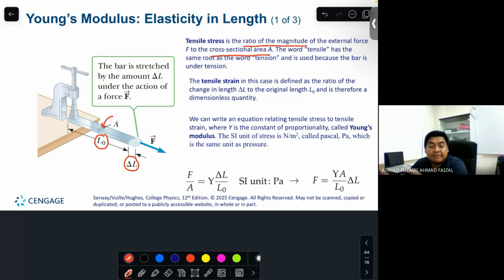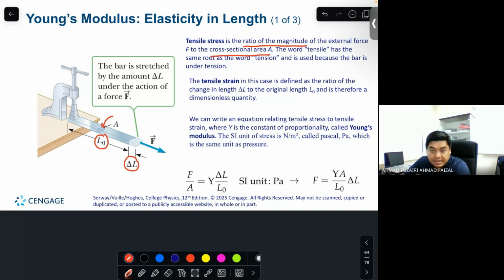That means it doesn't have any units. So we can write an equation relating tensile stress to tensile strain, where Y is the constant of proportionality called Young's modulus.